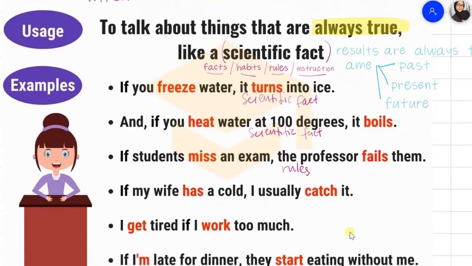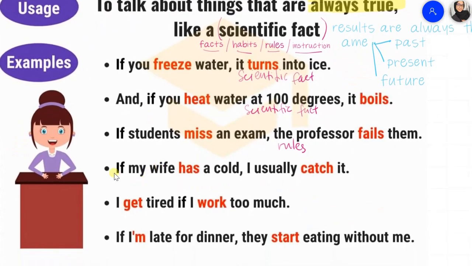All right. What about the next one? If my wife has a cold, I usually catch it. This is more of a habit, right? The usual things that would usually happen in the household, because you live together in a house. So if my wife has a cold, I would usually catch it. So this is a habit. What about the next one?